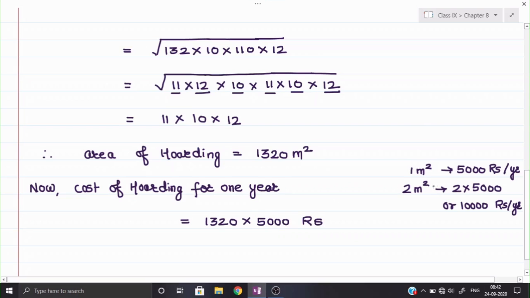Because 2 meter square was multiplied by 2, making it double, in the same way if my area is 1320, I multiply it by 5,000.